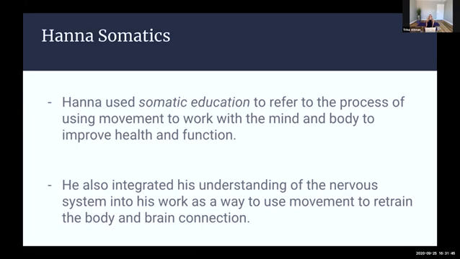So he used somatic education to refer to the process of using movement, which just makes me so excited, because I think of myself as a yoga teacher and a Pilates teacher, but also a movement educator, and how empowering it can be to witness people learn how to move in new ways and how to move in more efficient ways.